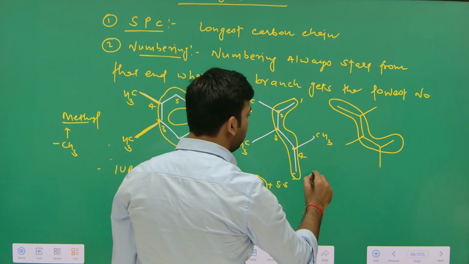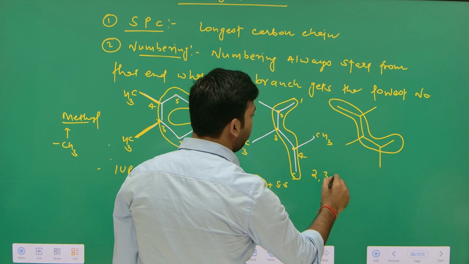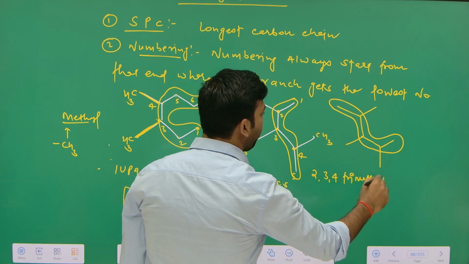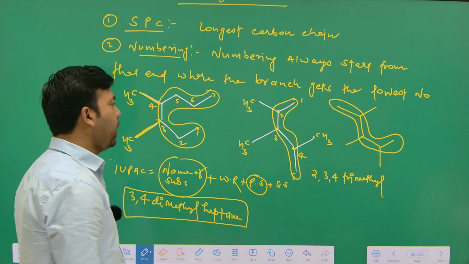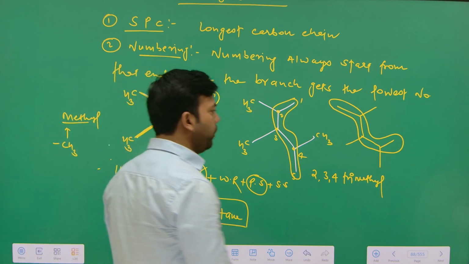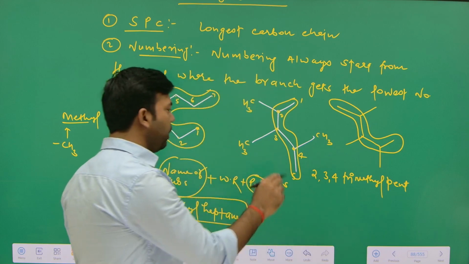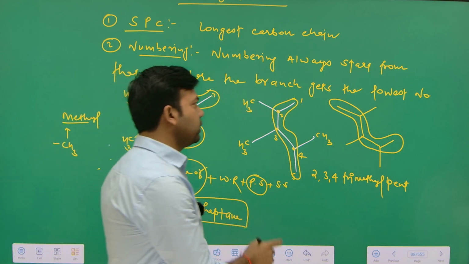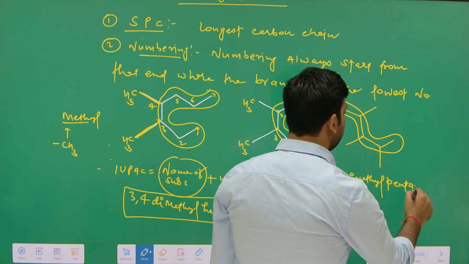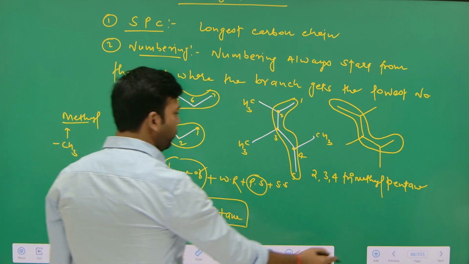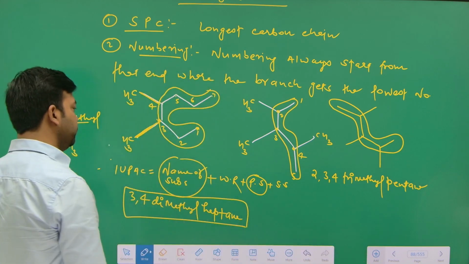So we can say 2, 3, 4 trimethyl. How many carbons in the word root? 5. So pent. And then for the primary suffix it is just a single bond, so pentane. Clear? So this is the name of these two compounds. We can discuss a few more in the alkanes. Look at here.